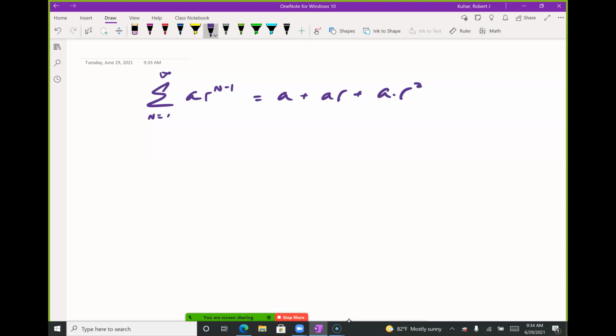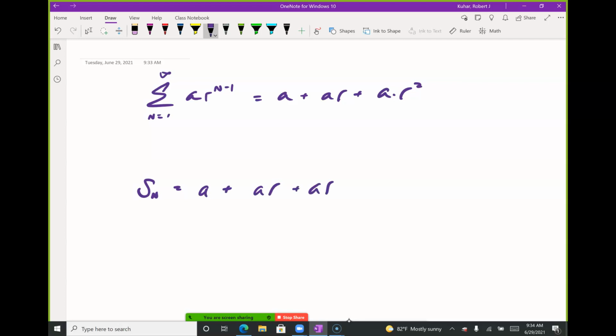So I can find an nth partial sum here, right? I can find an nth partial sum easily, right? Wherever I want to stop is where I'm going to stop, right?